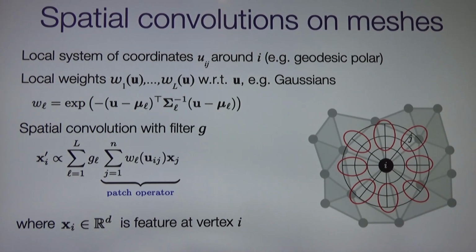And then what we do is we compute the weighted sum of these features. We basically average across a neighborhood with weights depending on how far they are apart. That's what the patch operator does. You see this blue patch operator? That's the averaging over the spatial neighborhoods.